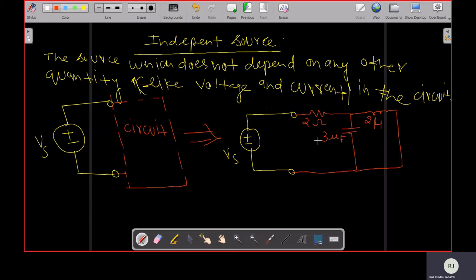Whatever the value is there, it is independent of that. If we connect that also, there is no effect on this voltage source. It is not going to be affected by these circuit elements.